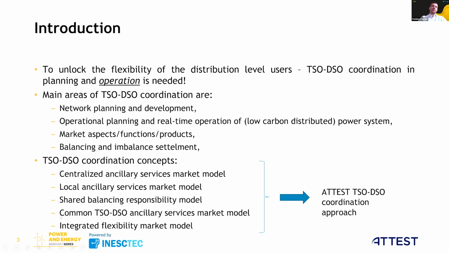to something which is, I would say, very computationally complex, as this integrated flexibility market model, where you essentially need to run the operational analysis simultaneously on both the transmission and distribution networks, which is computationally something that is very intensive.